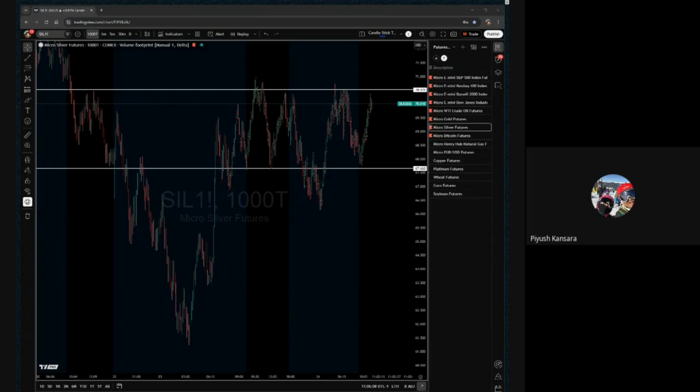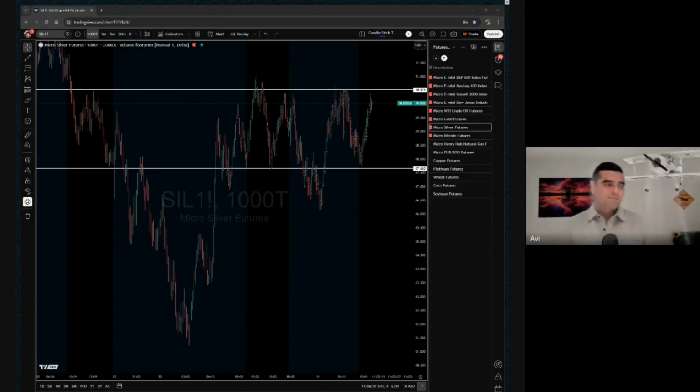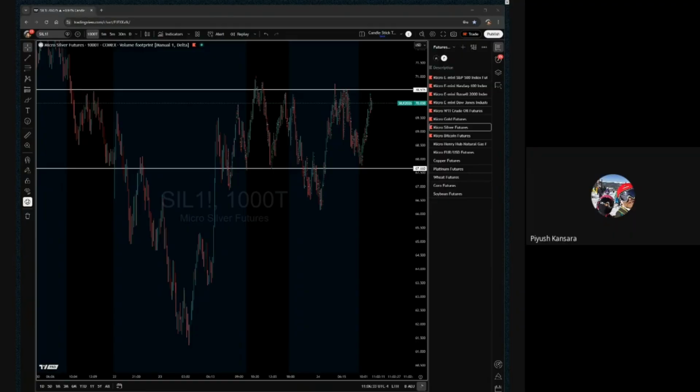Those are really my two main key levels. I have a simple strategy for when my stocks are within the prior day's range and when they're outside. When they break outside, I'm looking for a trend play, and when they're inside, I'm looking to fade the edges. It's pretty simple, pretty high probability.